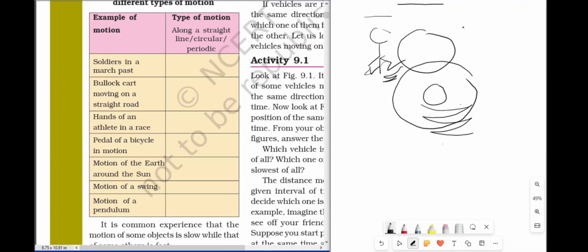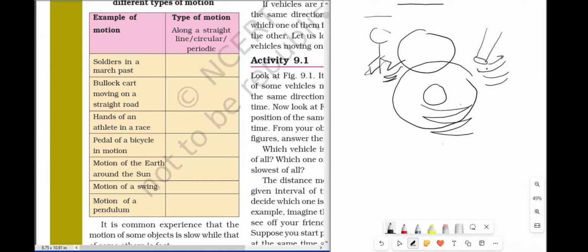The motion of a swing. So if you've ever seen a swing, किसी पार्क में अगर आपने स्विंग देखा होगा, so even the swing goes back and then it comes forward, it goes back and then it comes forward. So this is a periodic motion which happens in a to and fro manner.